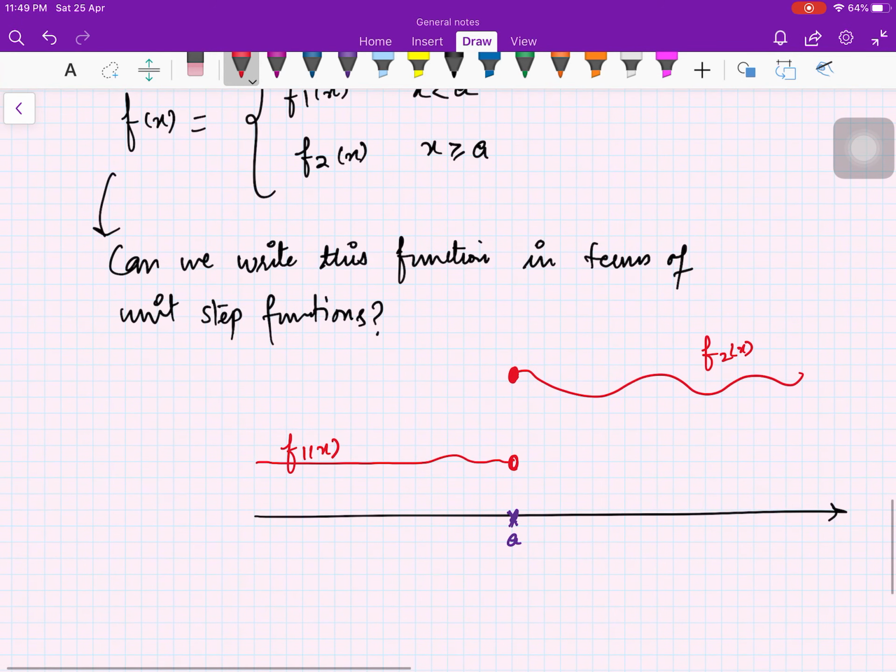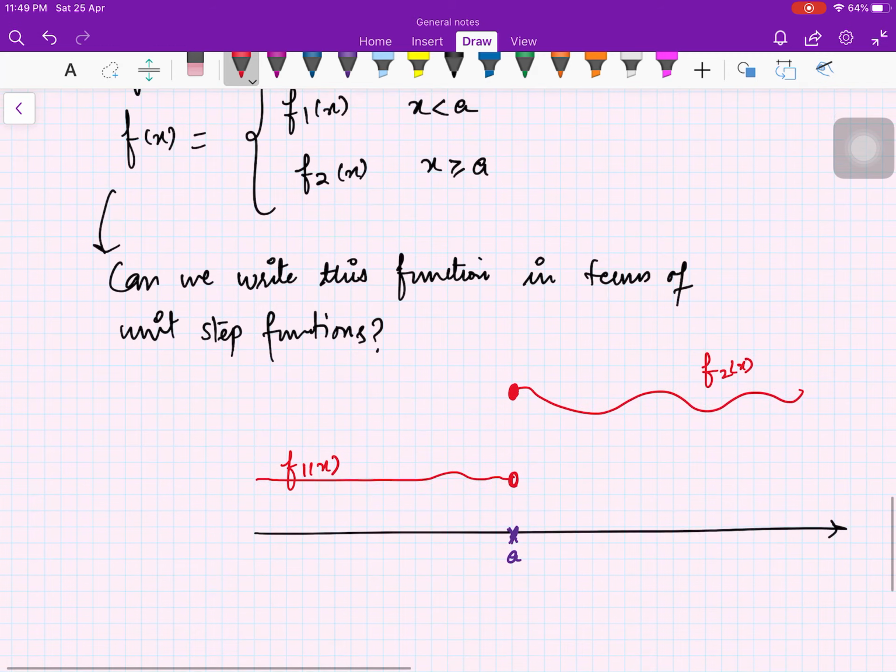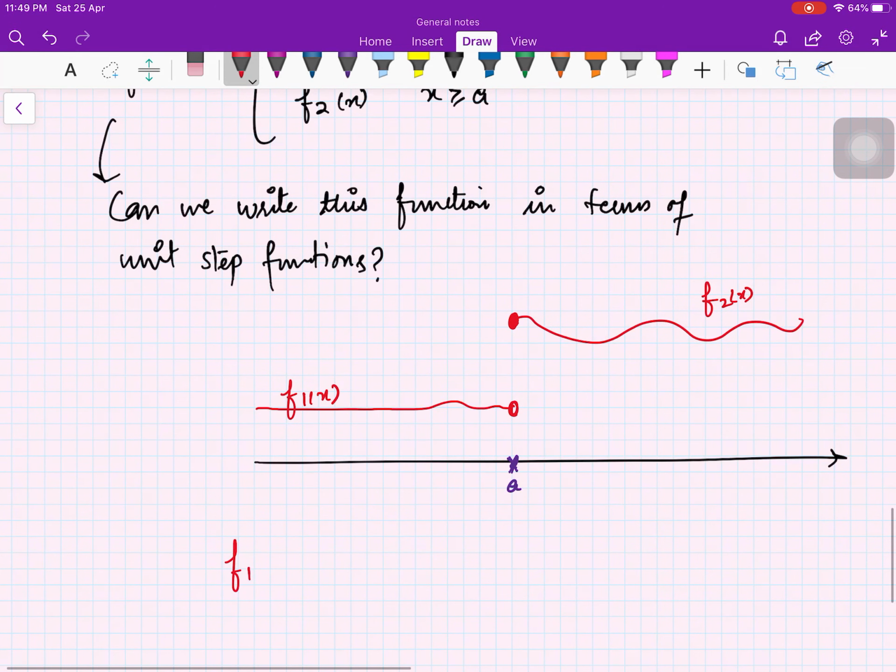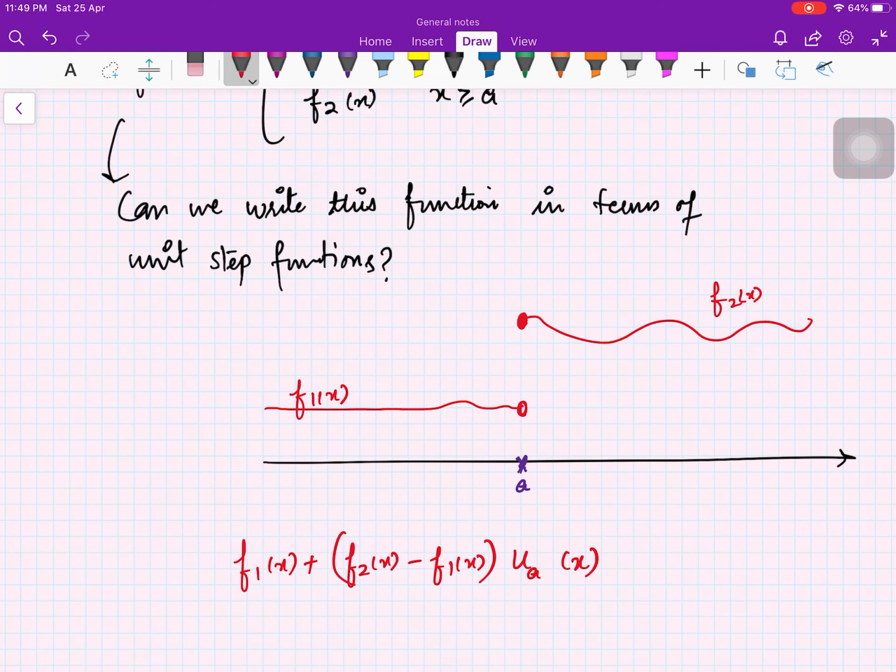So I can write this function as f1(x) plus [f2(x) minus f1(x)] into u_a(x), right? How, we'll see just now.